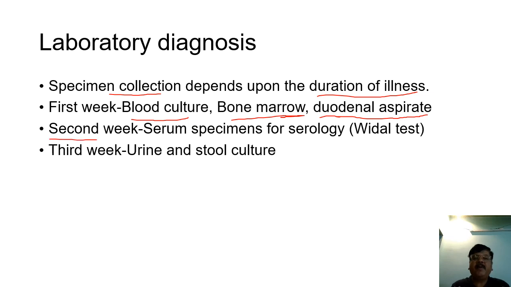In the second week of illness, we go for a serum sample for demonstration of antibodies, and the test performed is the Widal test. Then in the third week of illness, we go for urine or stool culture.